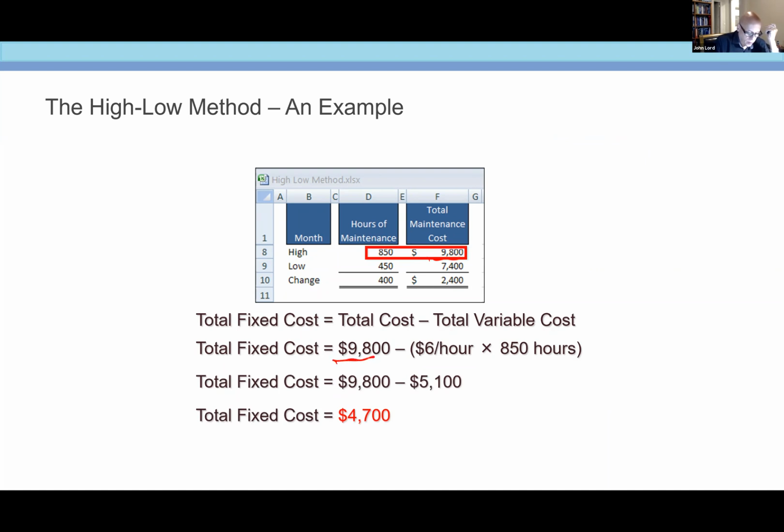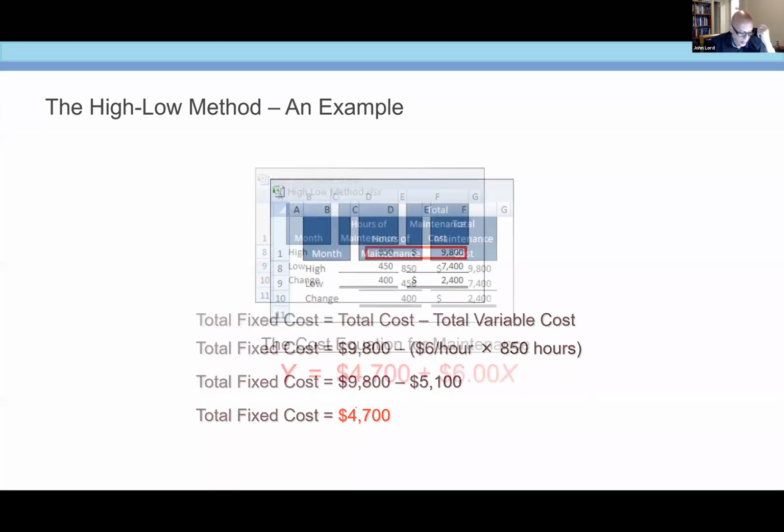They decided to use the high. I could use the low, but they said your total cost is 9,800 at 850 hours. We figured out that the variable cost per hour is $6, and we multiplied that by the number of units at that cost per hour. Then you take your total cost minus your variable cost, and the difference is fixed cost.